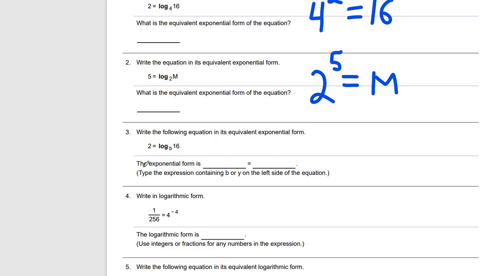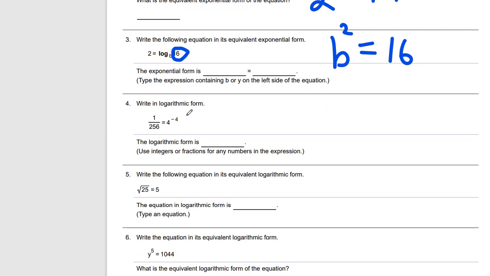Here, the base is the little number, b. The number by itself is the exponent, 2. This number is the argument. That's the answer that you get when you raise a certain base to an exponent. Now, don't let the negative numbers and fractions throw you off. In this case, we're going in the opposite direction, so we're going to have to take the log.